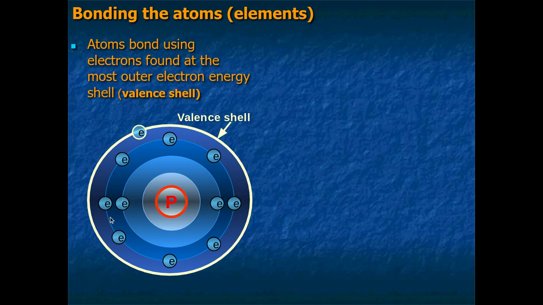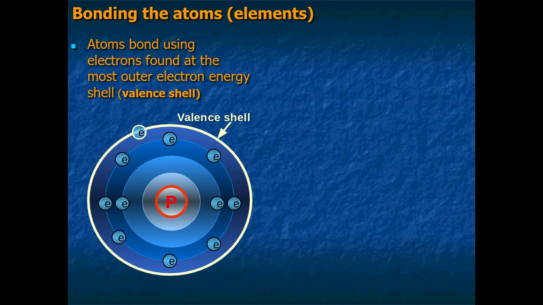Then the next outer shell is typically occupied by 8 electrons, followed by the next orbital shell, which also occupies 8 electrons. So really, what the atom wants to do is be stable by always having 8 electrons in its most outer shell. In this particular atom, we have 2, we have 8, and then at the very last orbital shell, we only have 1 electron.